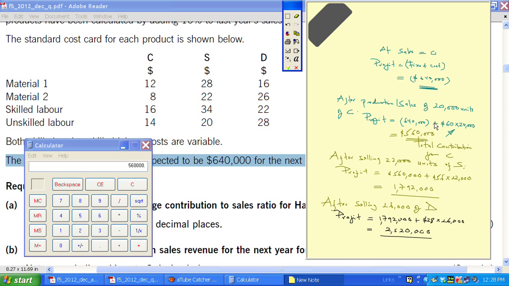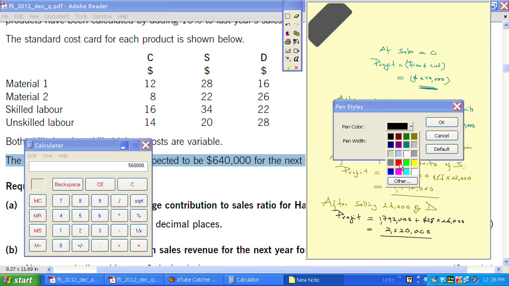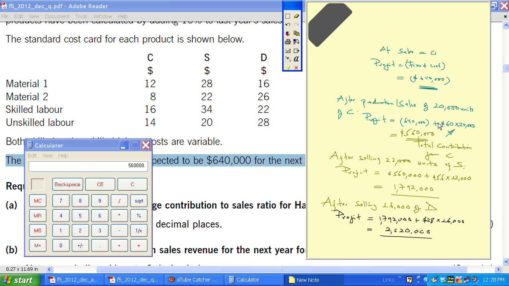Now if this is confusing you, let me just state that generally, I'm using this equation: profit is equal to contribution minus the fixed costs.